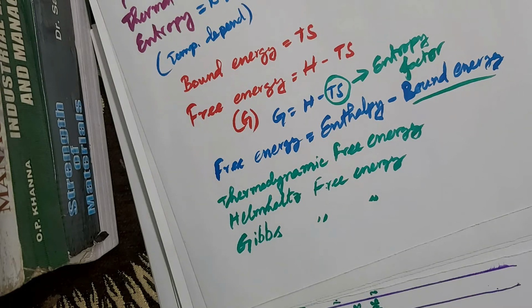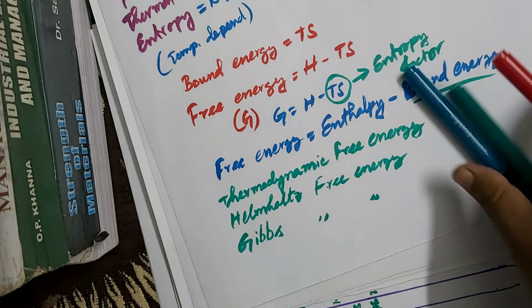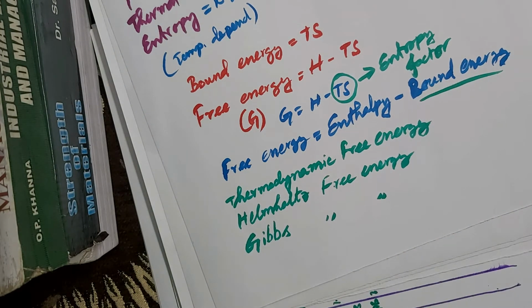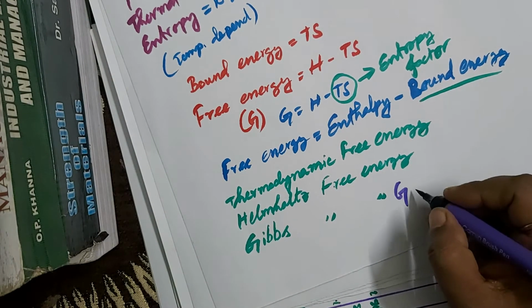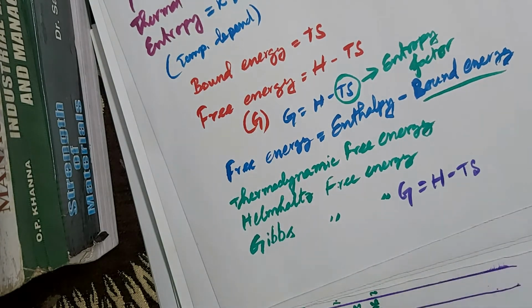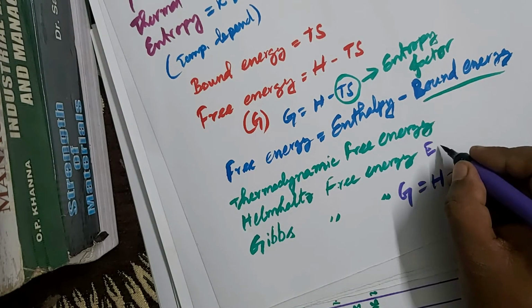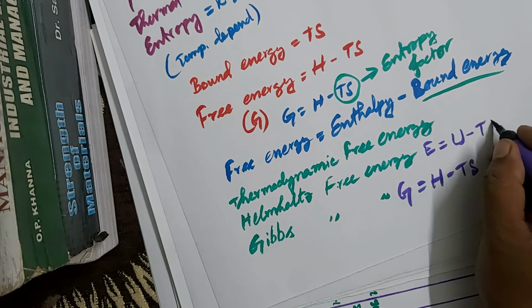So this Gibbs free energy is denoted by G, and this is equal to H minus Ts. Helmholtz free energy is denoted by capital E, and this is equal to U minus Ts.